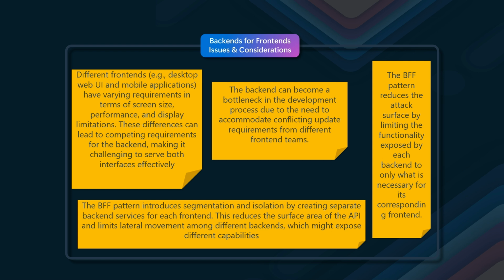This ensures that the security requirements for each front end are addressed effectively, potentially reducing the surface area of an API. By creating separate backends for each client, you can expose an optimal interface for this client.